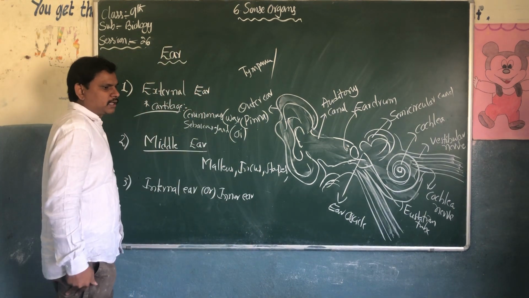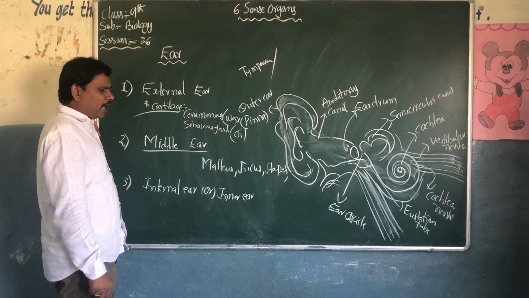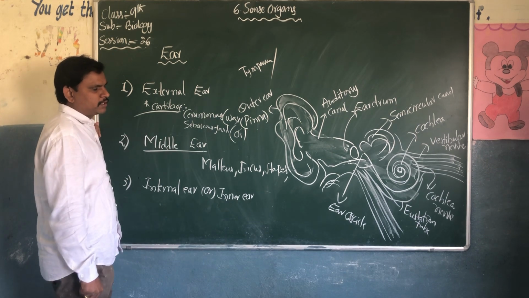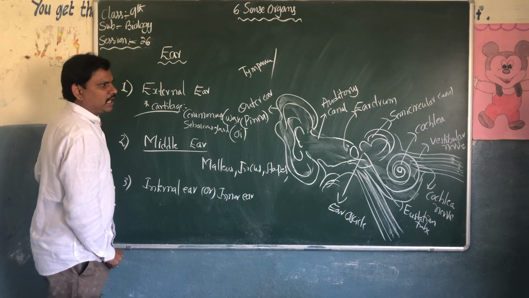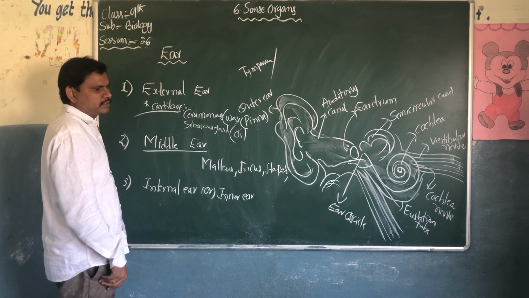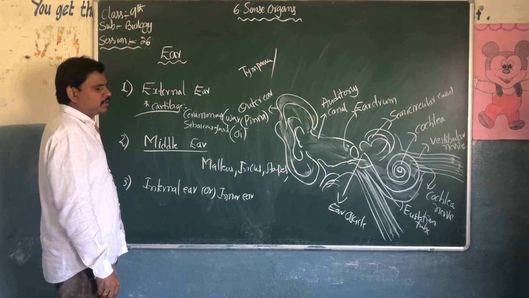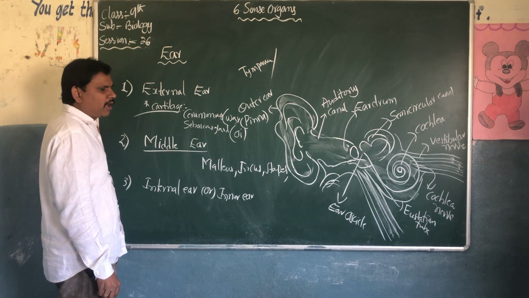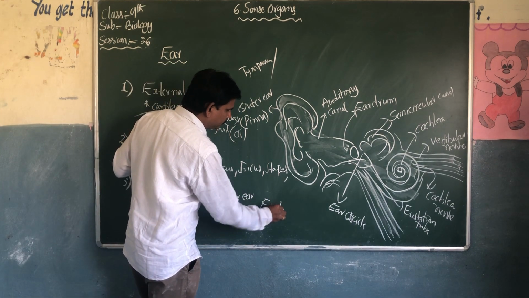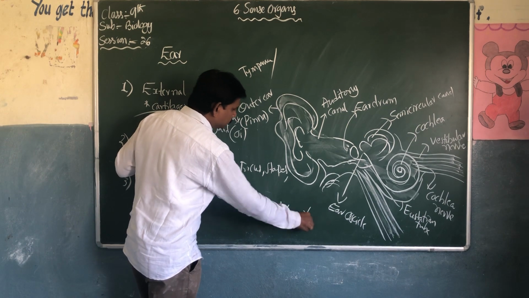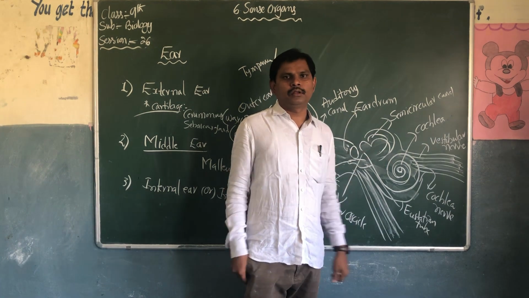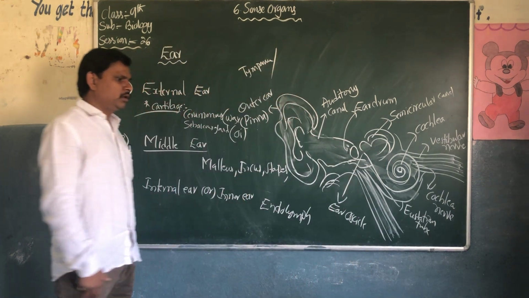In the internal or inner structure of the ear there are three semicircular canals, and we can also see the cochlea. These three semicircular canals have endolymph in their gap.